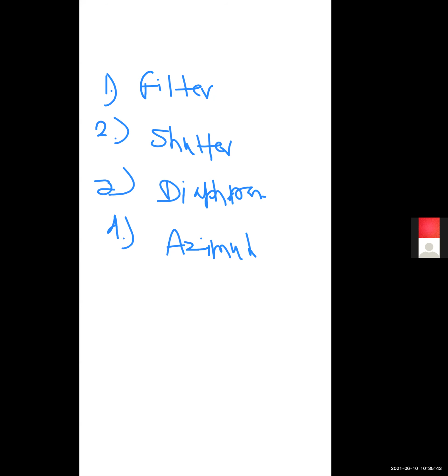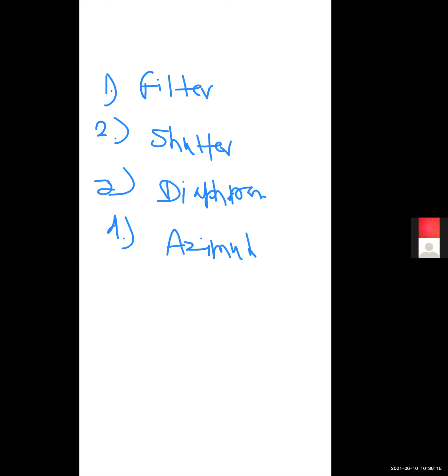Which of the following doesn't include lens? So which is the part of camera? Filter, shutter, diaphragm, or azimuth? Are all four options part of camera or not? Filter is a part of camera. Yes, ma'am.